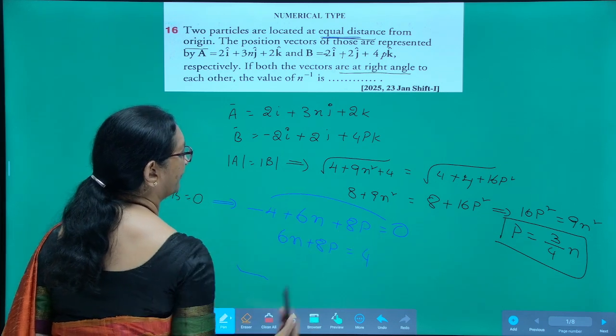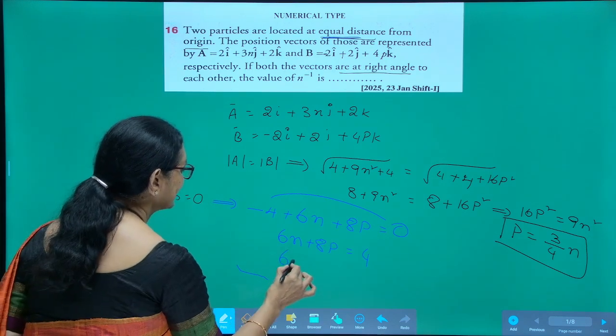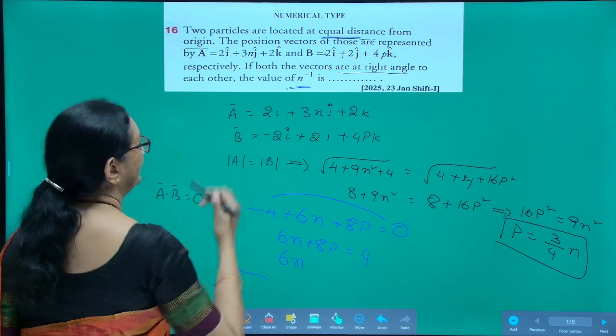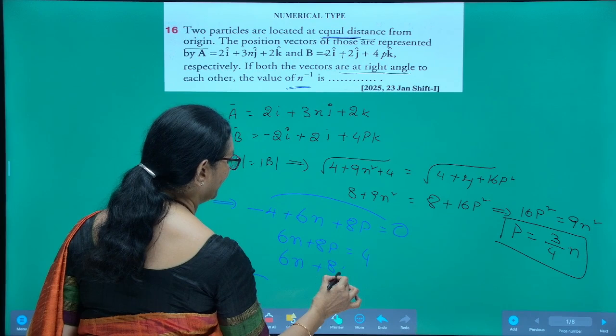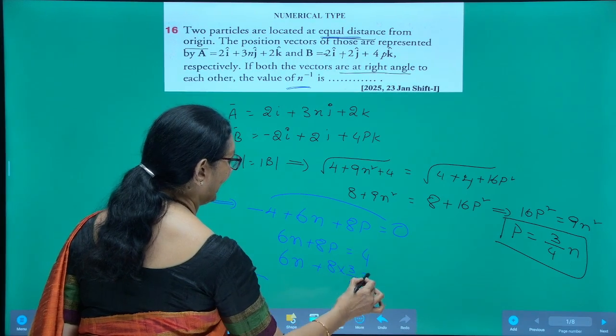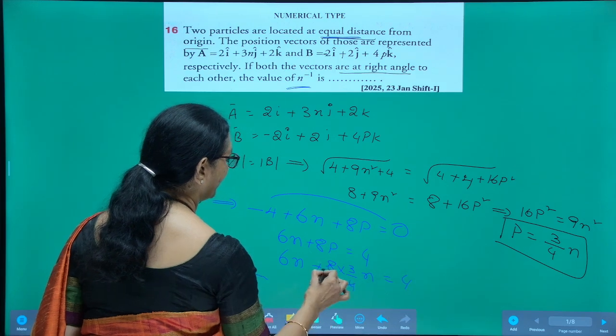You are taking that 4 to the other side. 6n, because you are supposed to find n, plus 8p, that is 8 into 3 by 4n, is equal to 4.